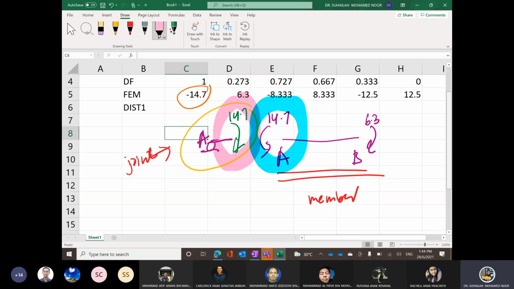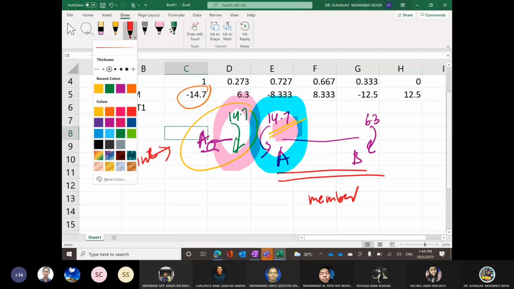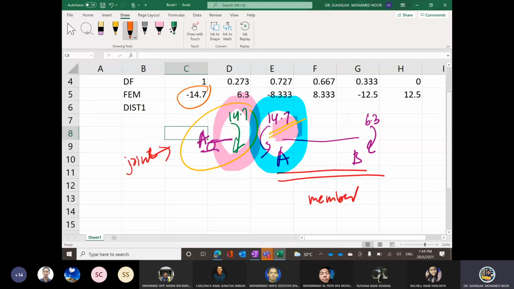At the distribution level, now we are calculating the moment at the distribution level, right? The moment that we distribute is actually not negative 14.7. Negative 14.7 is stated at the FEM column.